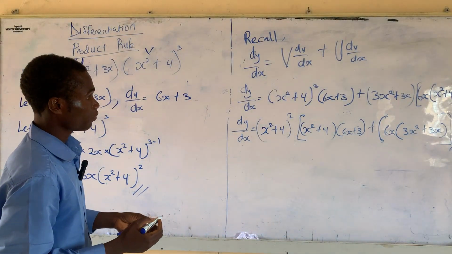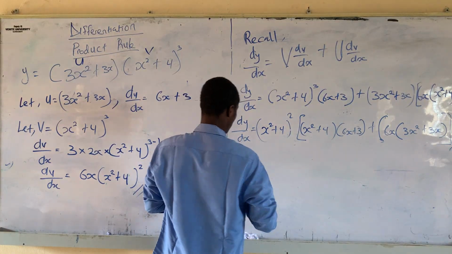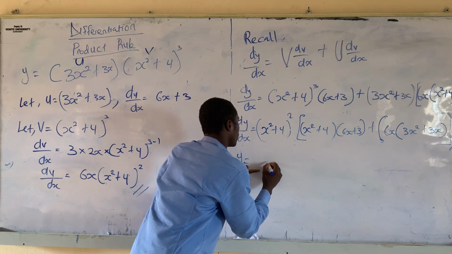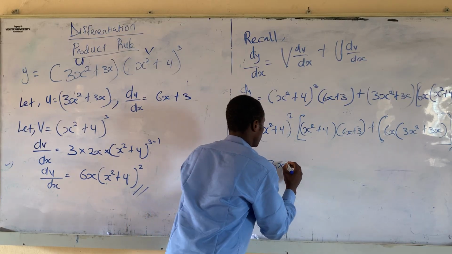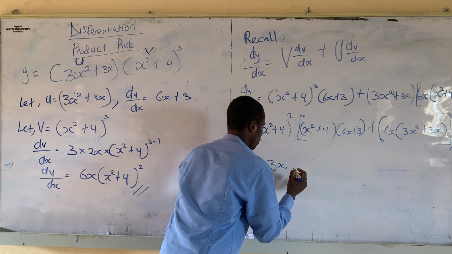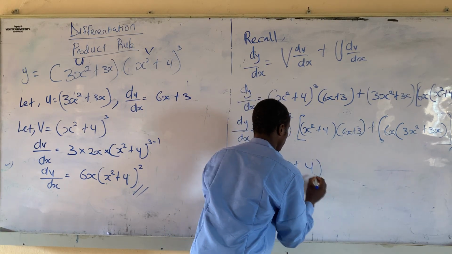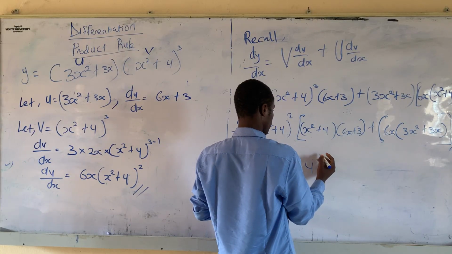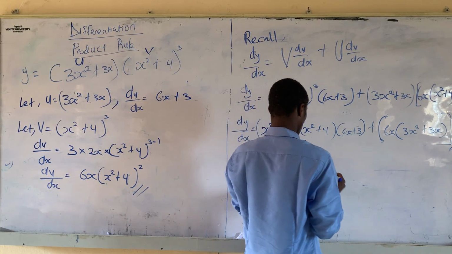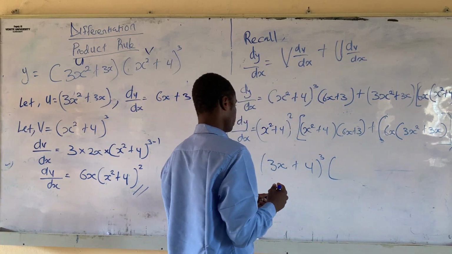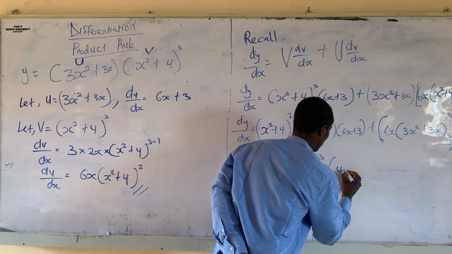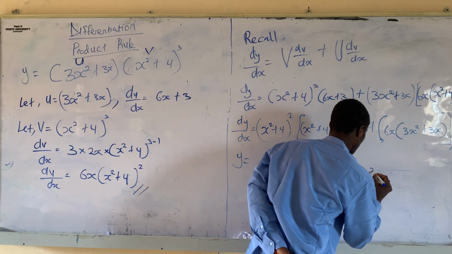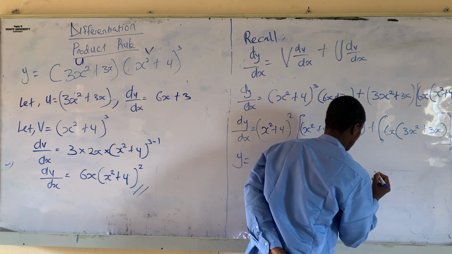Let's take another question. Given that y is equal to 3x squared, let me say (3x plus 4) bracket 3, we have 4x plus, let me just say 4 here.